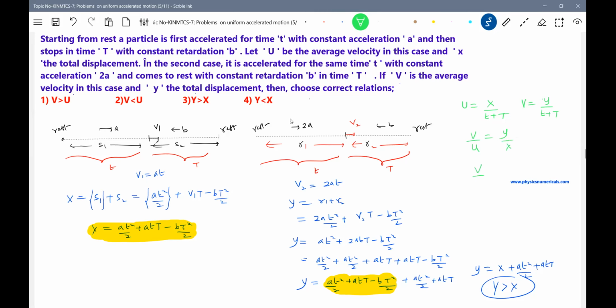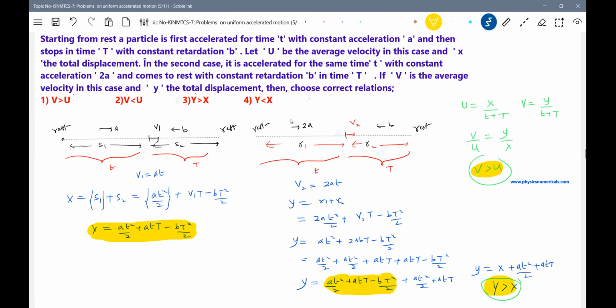Since y is greater than x, therefore v should be greater than u. It's a simple analysis, nothing big.